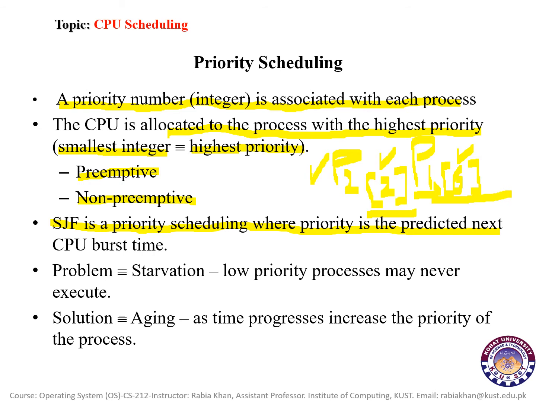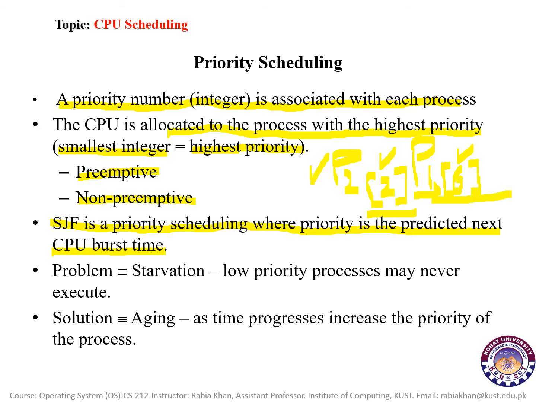While its preemptive version, which is known as shortest remaining time next, looks at the remaining CPU burst time of the processes. Once CPU is assigned to a process and a new process comes, its CPU cycle is compared with the remaining time of the currently executing process.